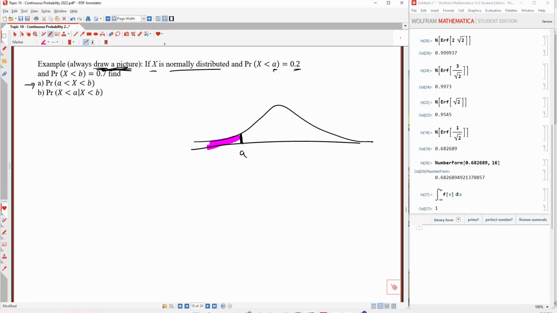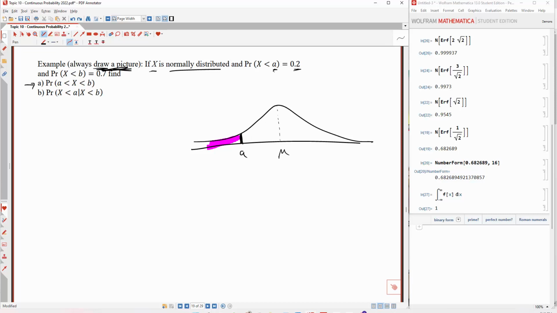Now it's complete guesswork here, but it's based on me knowing that this bit here is the mean, okay, and below the mean lie 50% of the values. So if I was to shade this bit here, that is 0.5. So all I've done is shaded a bit less than 0.5. So here's the value I chose.